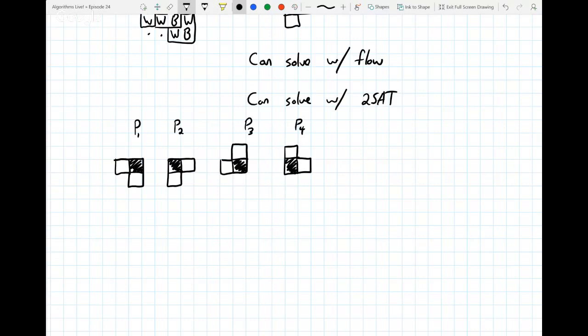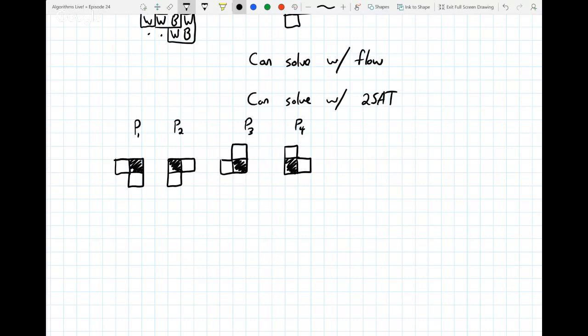And then we have this weird problem. If you have P1 be true, then you need P2, P3, and P4 all to be false. If you have P2 true, you need P1, P3, and P4 to all be false. And very quickly you can turn this into a satisfiability problem with these variable choices, but it's not two-sat.